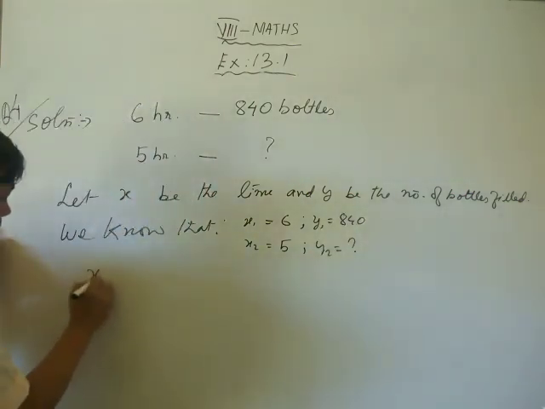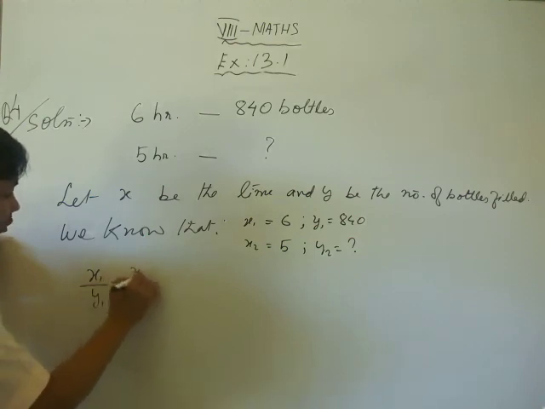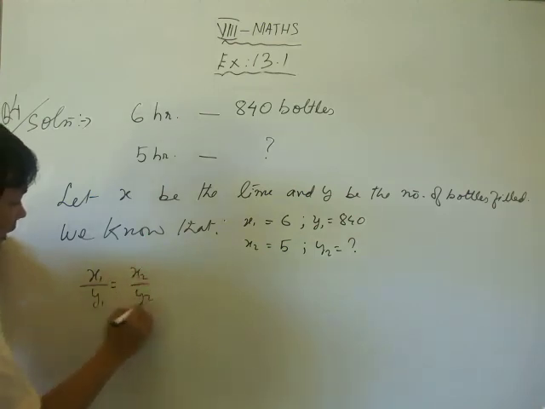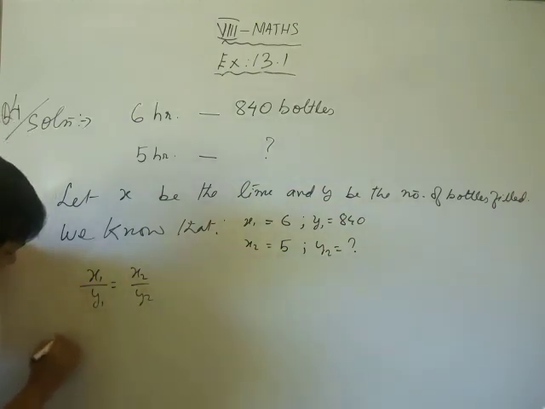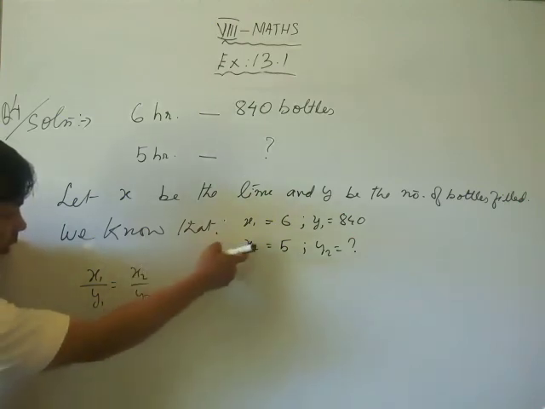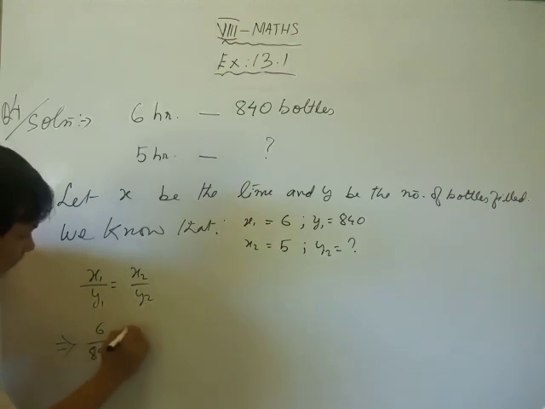Then we know that x1 by y1 is equal to x2 by y2, isn't it? This implies that x1 is 6, y1 is 840, equal to x2 is 5, y2 is y2.